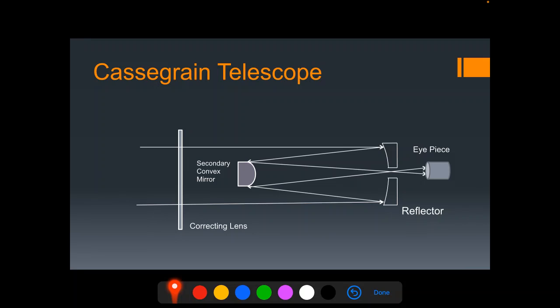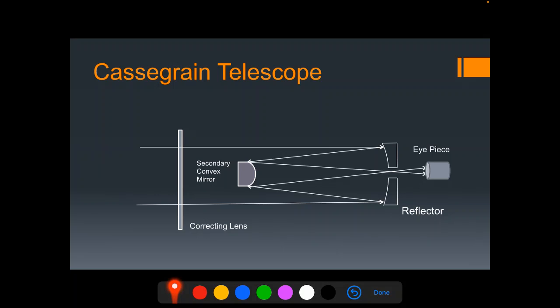The second advantage is that in the Newtonian telescope we have to adjust the position of the secondary mirror and the eyepiece so as to balance the center of mass of the telescope. That adjustment gets cancelled out here.